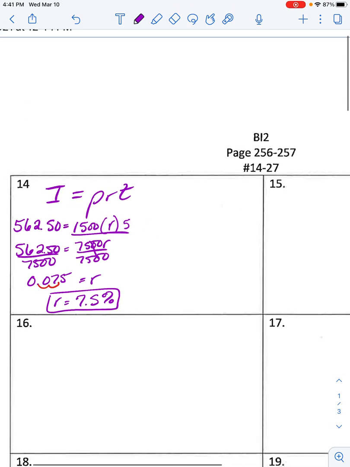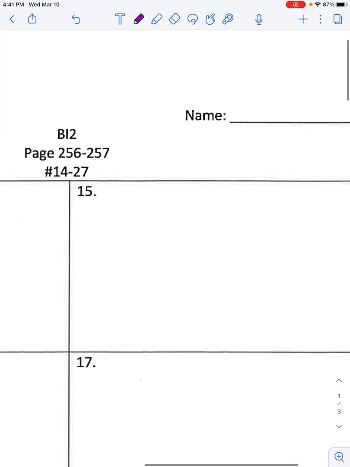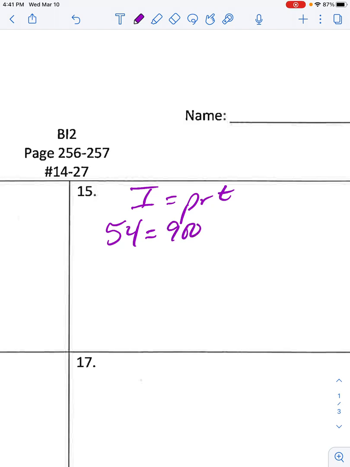Let's do number 15. Start with the formula. It says that the interest is 54. It says the principal is 900. We don't know the rate. The time, it says 18 months.